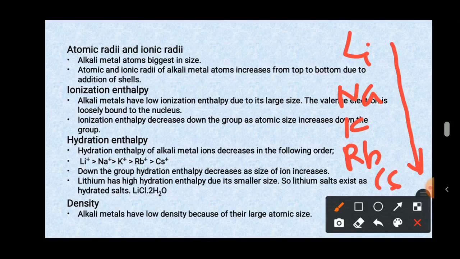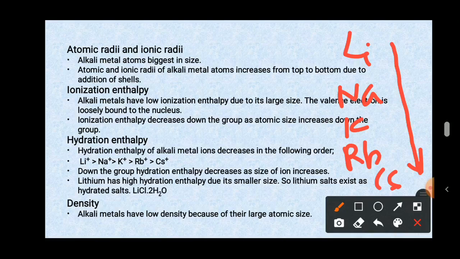Now we'll apply the ionization enthalpy concept to the alkali metals, that is the group 1 elements. Alkali metals have low ionization enthalpy, or low ionization energy. What is the reason? Because of their large size. I already told you alkali metals are bigger in size compared to other block elements.